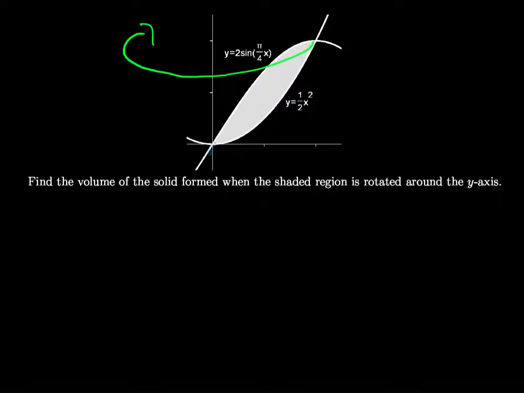The inside of this shape will be defined by this sine function. And, oh, do I have enough room? I don't have enough room up there. Let me draw it down here so you can get a good picture of it. Alright, so the inside of this shape will look like this, on that side.